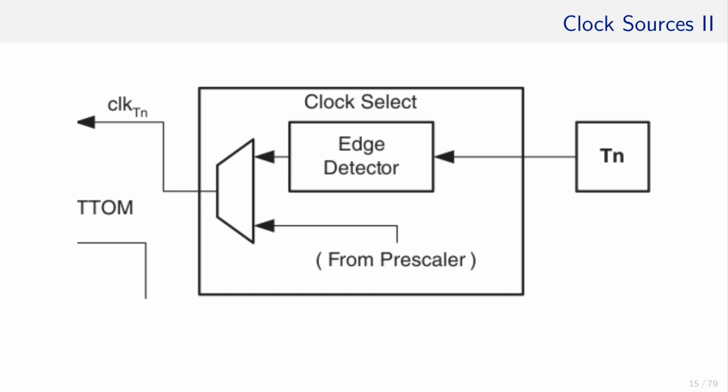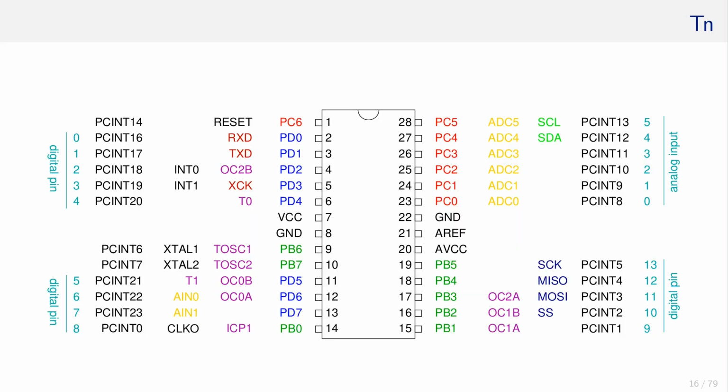Again, N stands for the number of the timer. The pin overview reveals that PD4 and PD5 are connected to T0 for timer 0 and T1 for timer 1 respectively. There is no T2 for the third timer, so it must be something special, and I will show you in a bit.